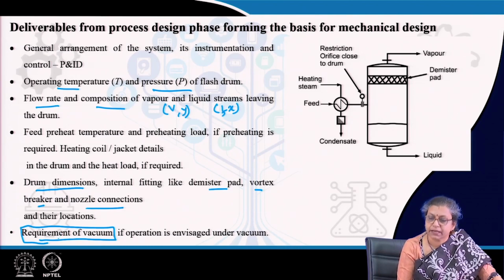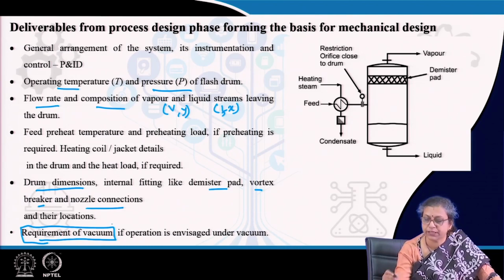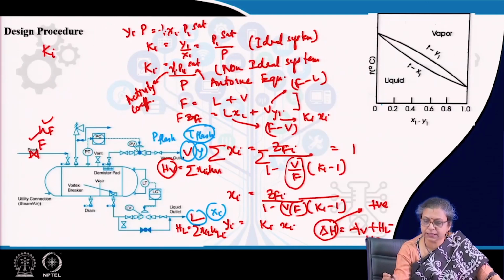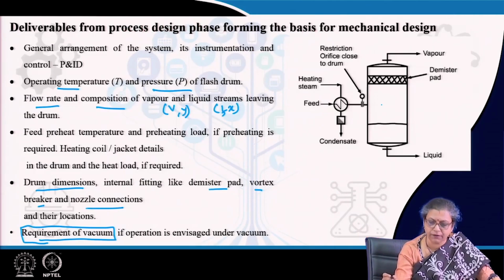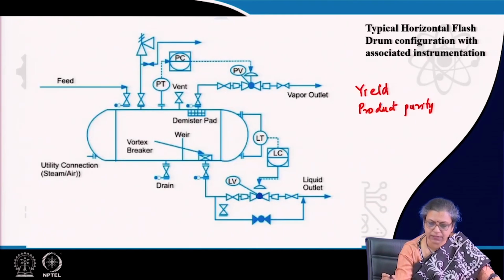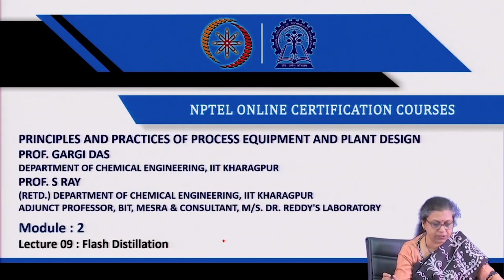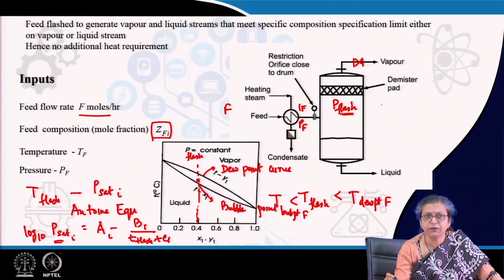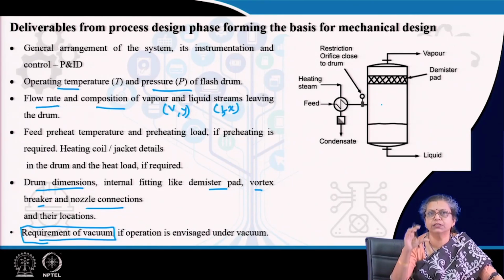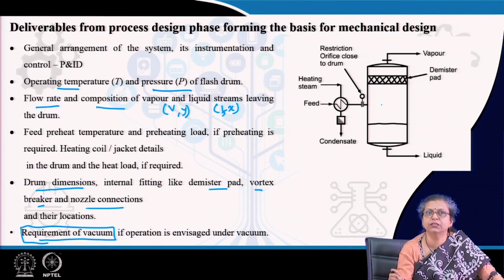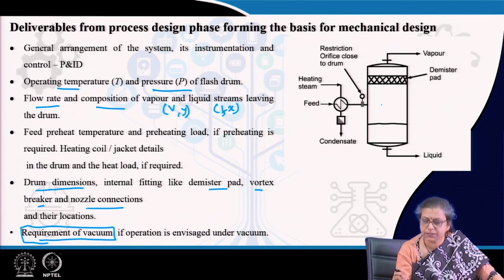Suppose there are conditions where we need to operate the flash drum under vacuum. When do we need it? I had already discussed that when we go for lower and lower pressures, quite naturally the difference between the bubble point and the dew point increases, and so naturally we will get a much better separation.